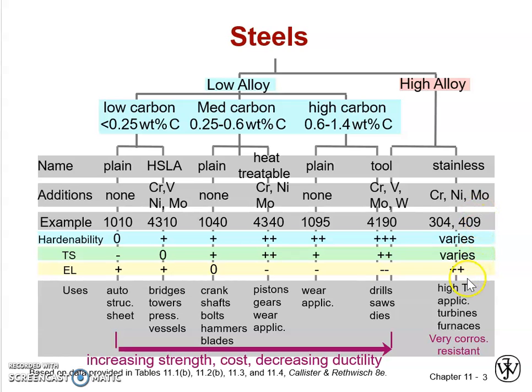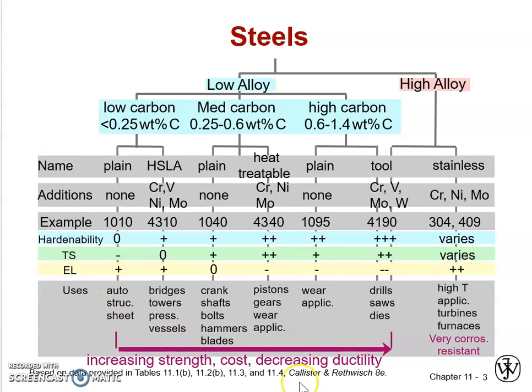Stainless steels basically have high temperature applications. You can use them at high temperature in turbines and furnaces, and they are very corrosion resistant materials. So that is stainless steel.